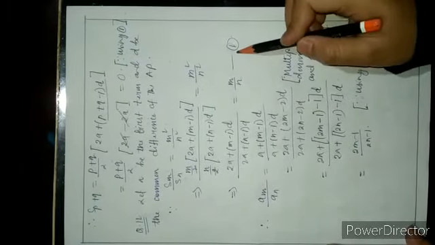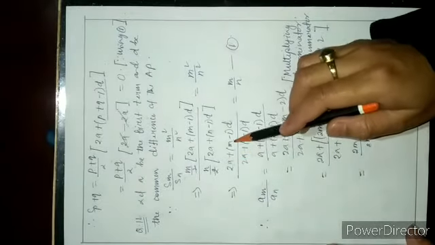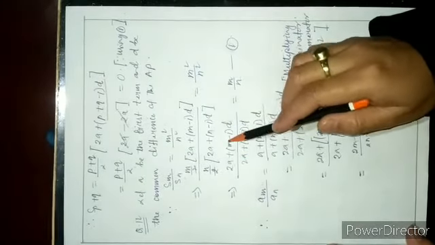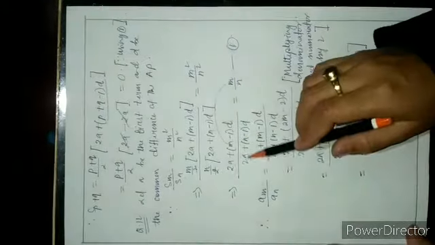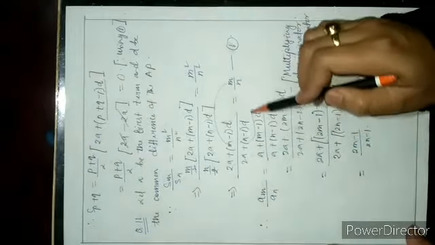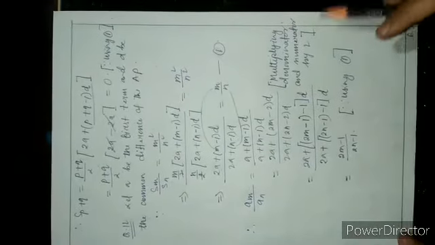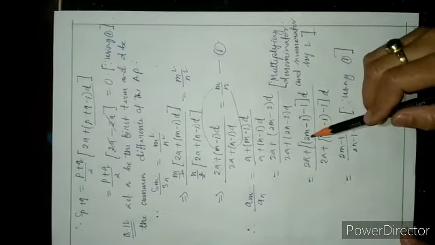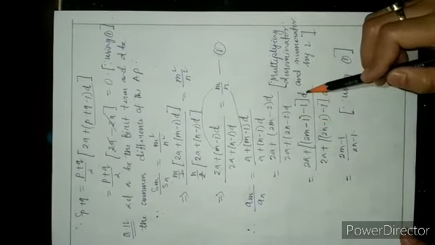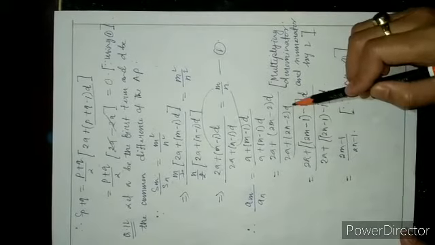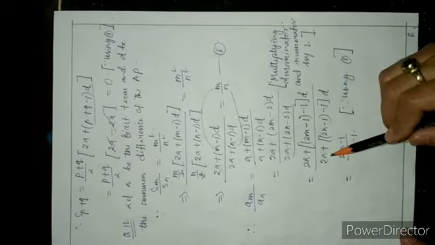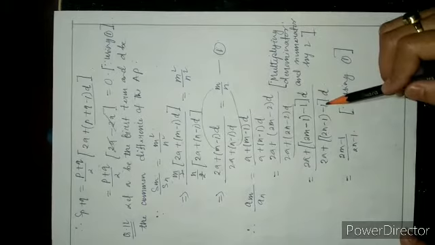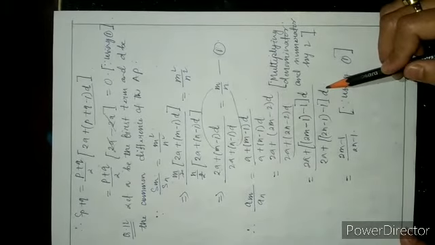In equation 1, 2 times of a plus m minus 1 d is for m, and 2 times of a plus n minus 1 d is for n. Now 2 times of m minus 2 can be expressed as 2m minus 1 multiplied by d, and this expression can be expressed as 2a plus 2 times of n minus 1 d.